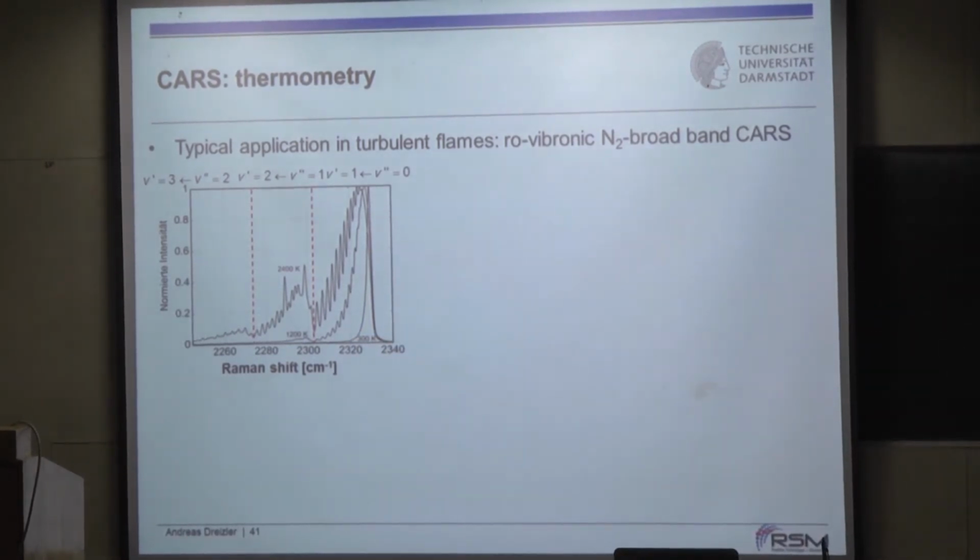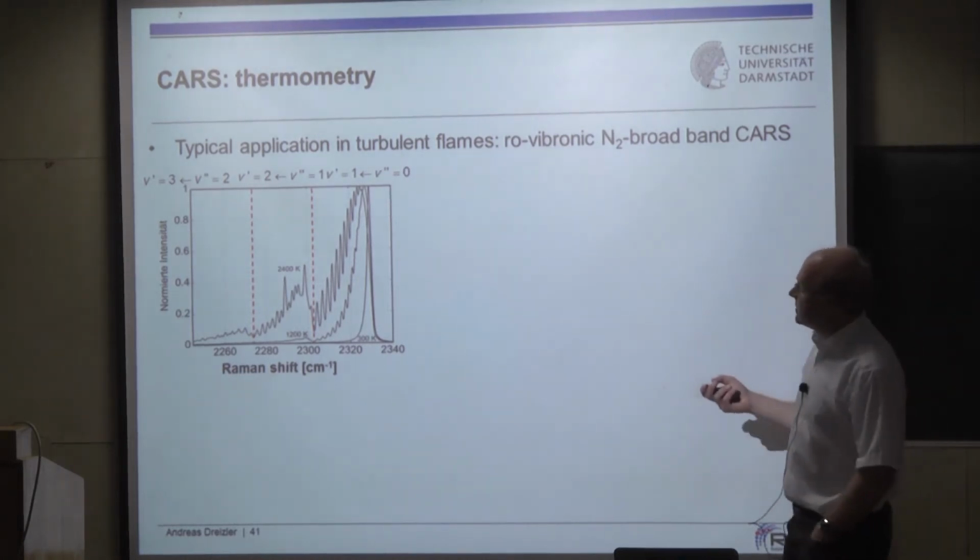All the rotational lines are so close to each other, and only a few of them are populated. So at 300 Kelvin, it's not very useful compared to higher temperatures, and that is as well the main strength of rovibrational Raman of N2 at high temperatures, maybe starting from 400 Kelvin or something like that. And there you see 1200 Kelvin, 2400 Kelvin, the full spectrum, yeah? And it's really different from each other, so that you can very precisely measure that.